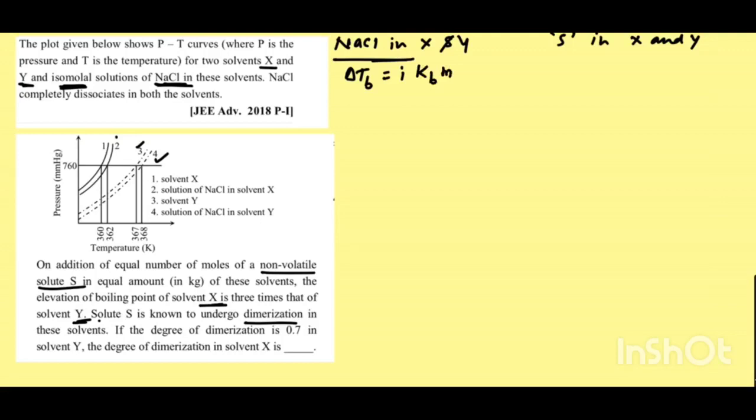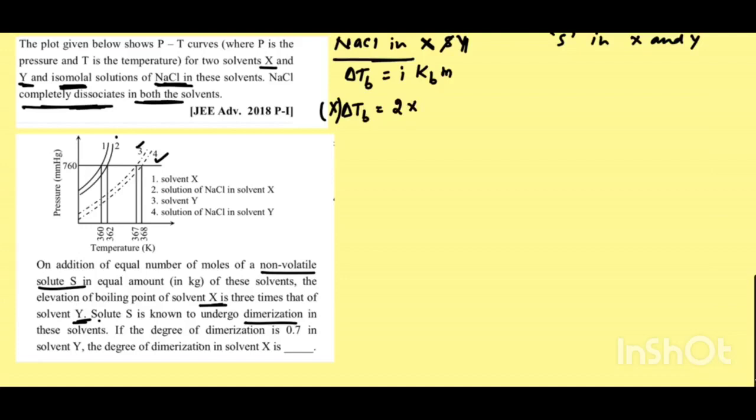I will apply this formula for both solvent X and solvent Y. For solvent X, delta Tb is equal to i Kb m. The value of i is the same whether NaCl is dissolved in X or in Y, since it undergoes complete dissociation in both solvents. So I am keeping it 2.